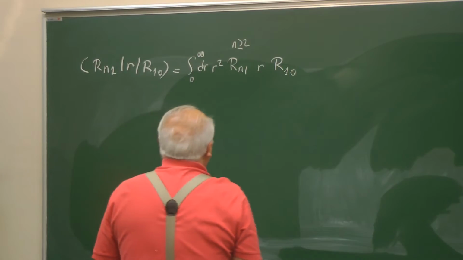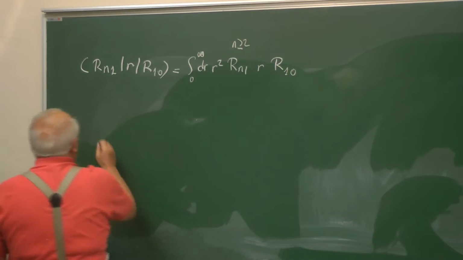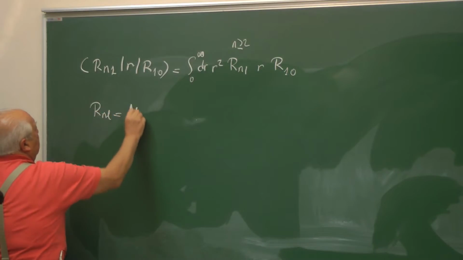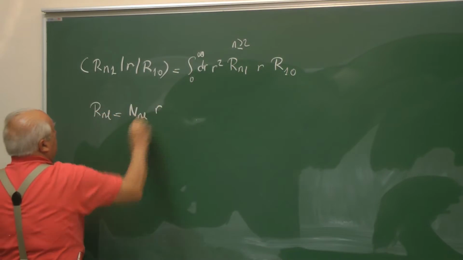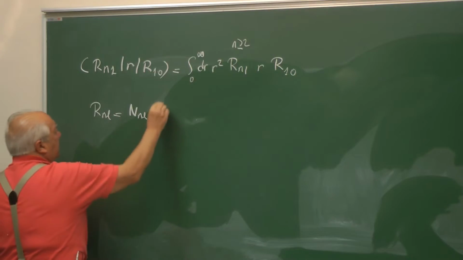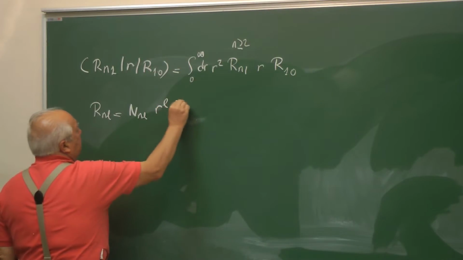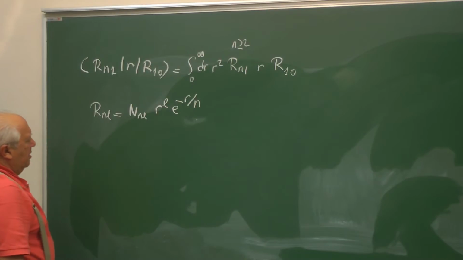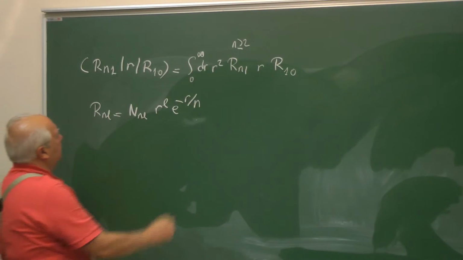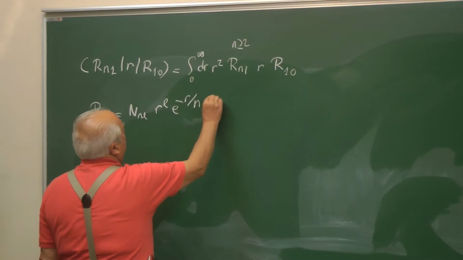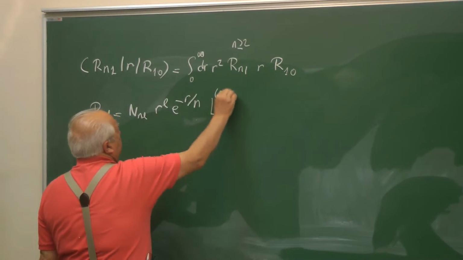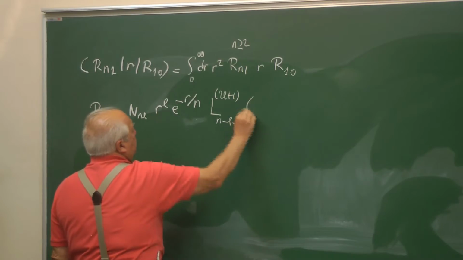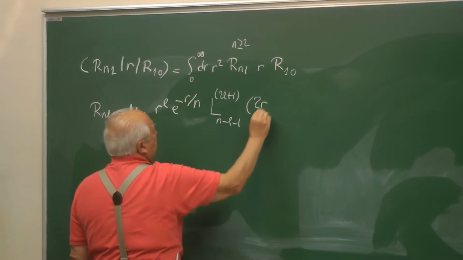So what are those wave functions, the radial functions? R n l is r to the l, e to the minus r over n, n being the principal quantum number, then L with index 2l plus 1 and n minus l minus 1, of 2r over n.